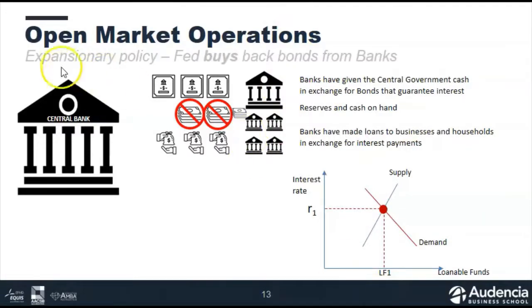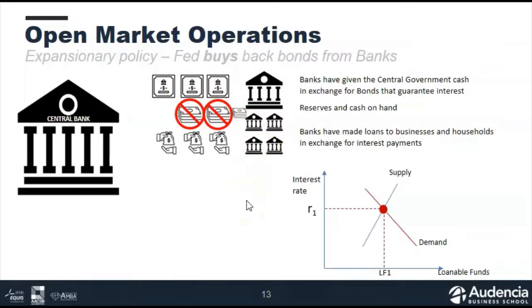So we're going to consider the case of an expansionary policy, and to expand the economy, we're going to see that the Fed will buy back bonds from banks. Remember, these are these pieces of paper that they have. The central bank has their money, and this is a promise to earn interest for giving the central bank its money. And these banks have these pieces of paper sitting around.